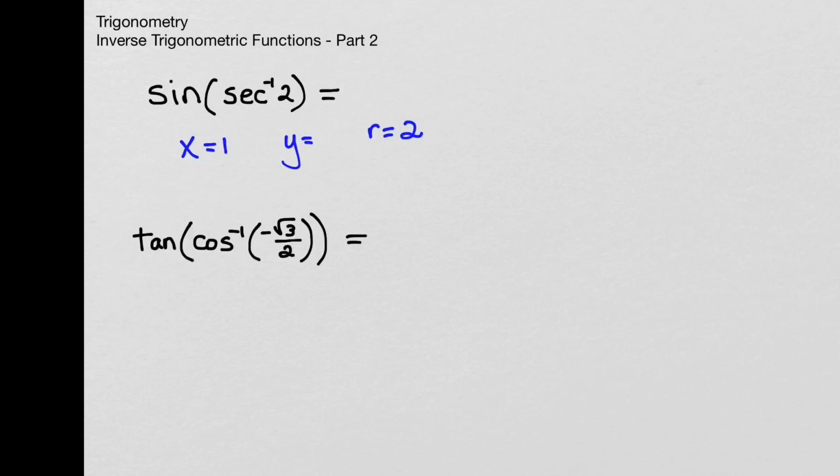So now what I'll do is I'll find out what is the value of y. And I know that x squared plus y squared equals r squared. That's our Pythagorean theorem. So this gives me 1 squared plus y squared equals 2 squared.